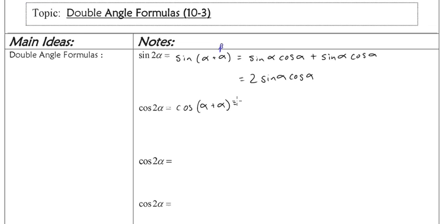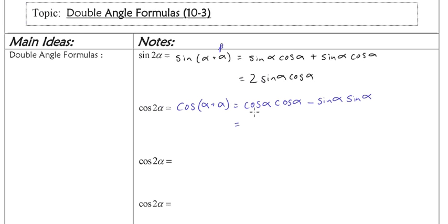and that's going to give us, maybe we should change colors here. So cosine of alpha plus alpha, that's going to be cosine of alpha times cosine of beta, but our beta is just alpha again, so cosine alpha times cosine alpha, which is going to be cosine squared of alpha, minus sine of alpha times sine of beta, which for us again is alpha.